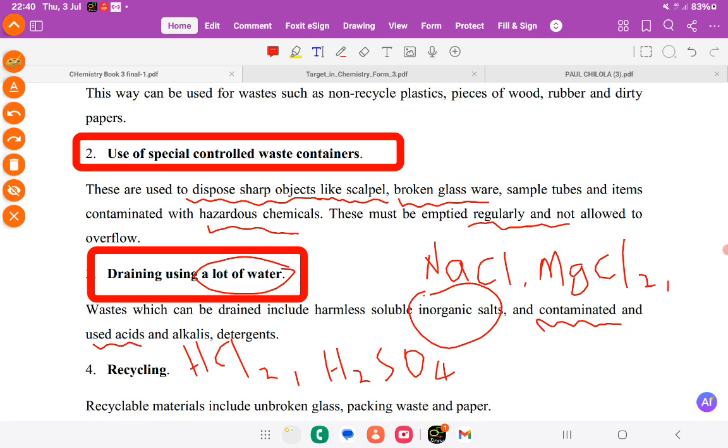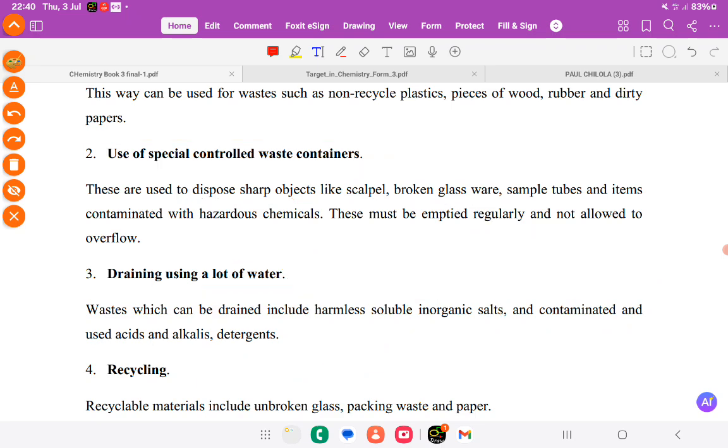Okay, so there is need to dilute them with a lot of water as they are being drained into these water sinks. All right.